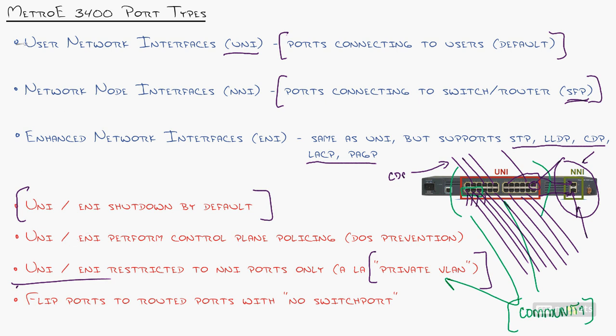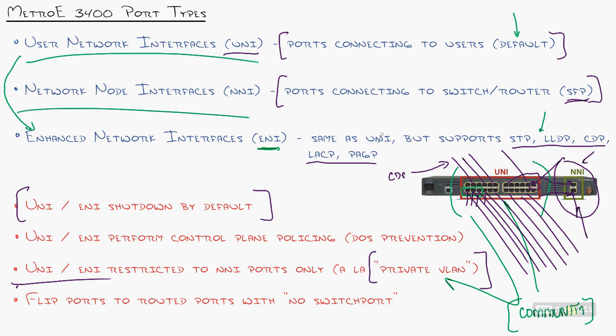Let me also, I'm still stuck on this UNI. Let me jump down here. By default, just about every port is UNI, but you can configure them as ENI, which is exactly the same thing as a UNI. But ENI allows you to run all of these services. Matter of fact, it turns them all back on by default, which is kind of creepy, and that's why they don't have that turned on by default.